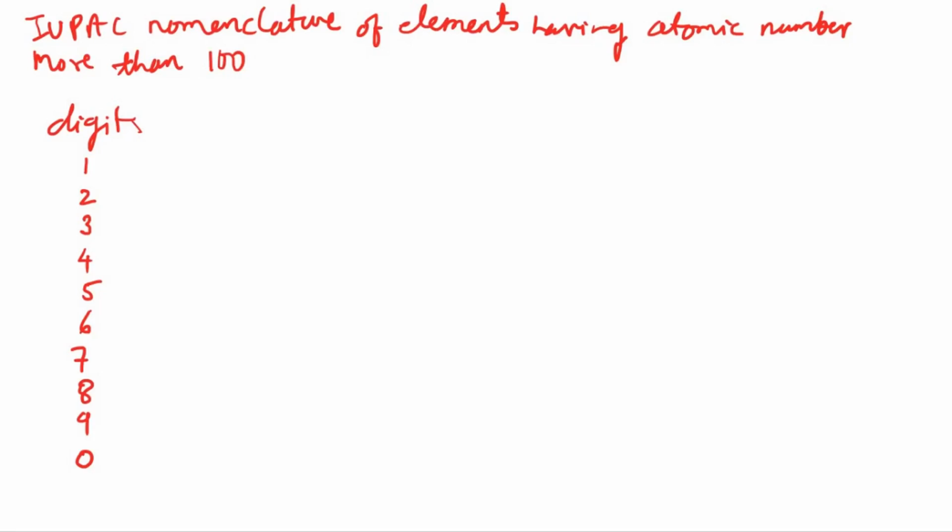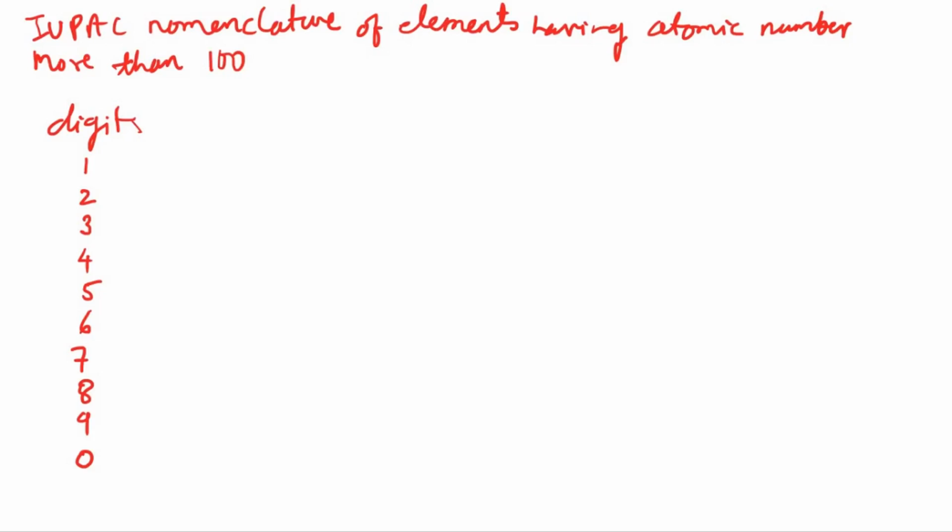Clear? Now, in this IUPAC nomenclature, what will happen? We have taken the different digits. What are these digits? 1, 2, 3, 4, up to 10 digits are there: 1, 2, 3, 4, 5, 6, 7, 8, 9, and 0. If you take any other number, all those numbers are repetitions of these digits. If you repeat these digits again and again, you get all the numbers.